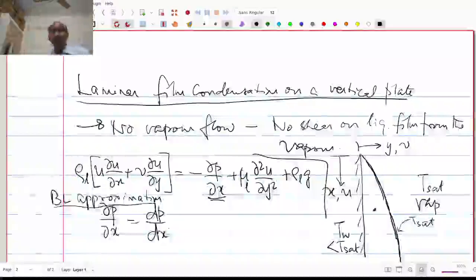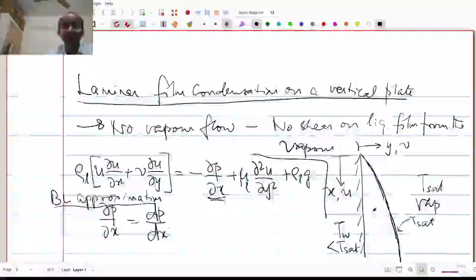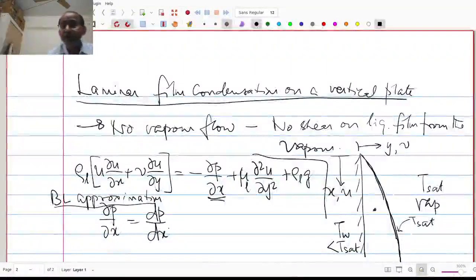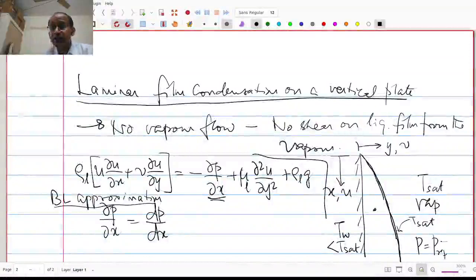Okay, and what is dP by dx in the surroundings? Because there is a stationary column of vapor that is standing there, the pressure in the vapor region would be P equal to P reference minus rho vapor g x.